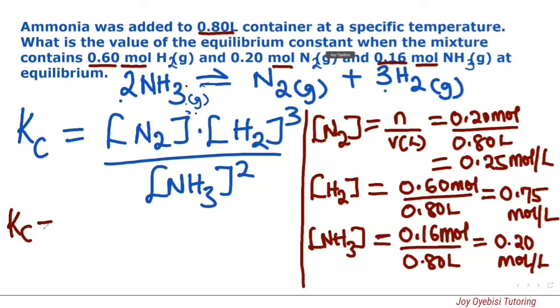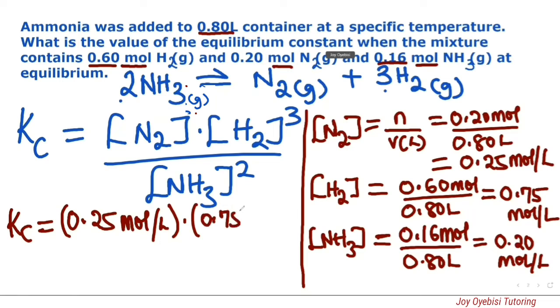So Kc here is going to be equal to nitrogen, which is 0.25, multiplied by that of hydrogen, which is 0.75. Now, before we continue, it's important to write out the units, because if they do not cancel out, you might end up having units for your Kc. So let's write that out. That of hydrogen would then be 0.75 mole per liter raised to the power of 3.